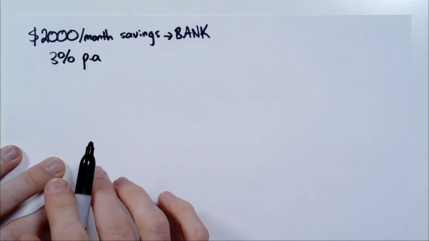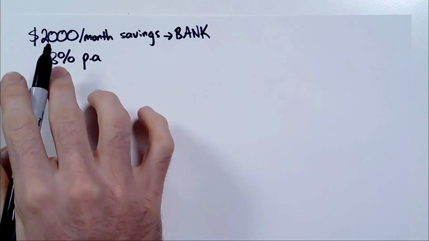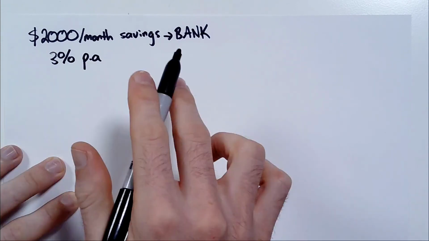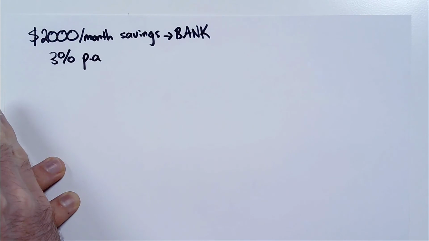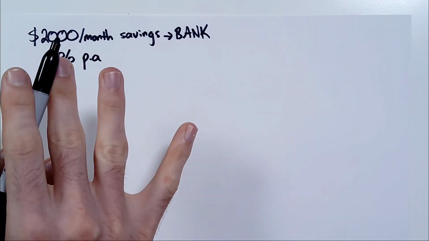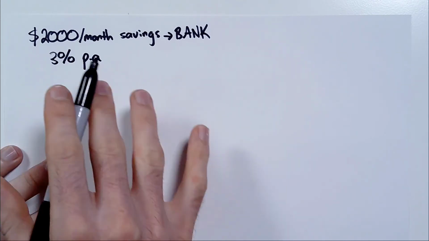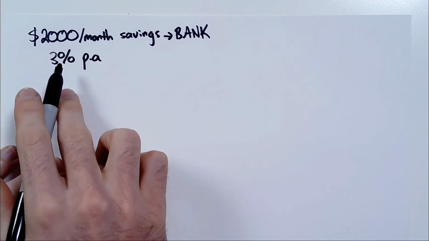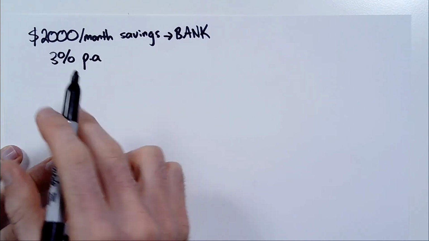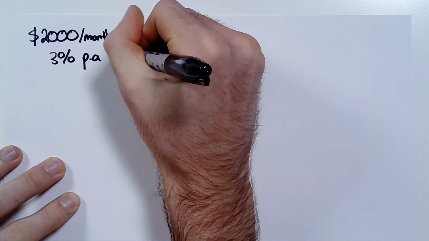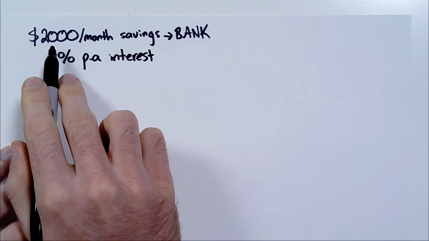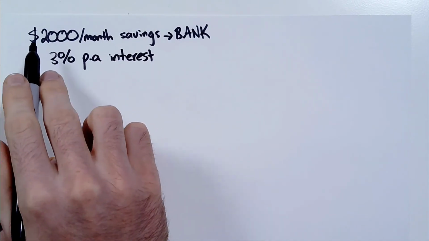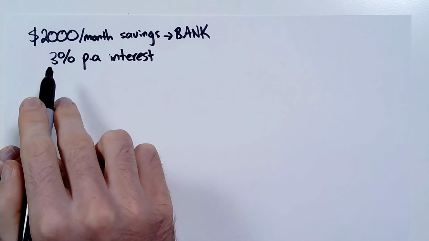For example, if you had saved $2,000, not for a month, but for a whole year, so let's say you put $2,000 in a bank account at the start of the year and left it and did nothing else, then by the end of the year, that $2,000 will have earned 3% interest on top. So this is the interest, on top, right? When you go back to the bank at the end of the year, you would have the $2,000 that you put in plus 3%.